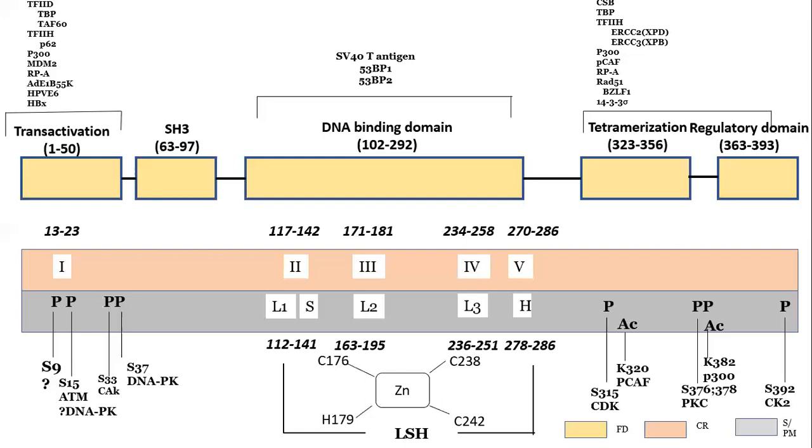We will discuss their importance later. First, we should know what kind of proteins can interact with this region. Simian virus 40 or SV40 T antigen can bind to this region and can inactivate p53. Some other proteins like 53BP1 and 53BP2 can also bind in this region.